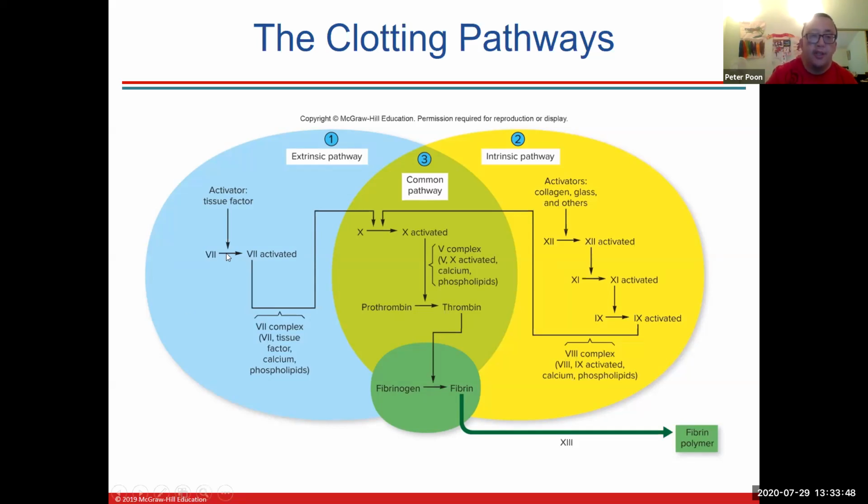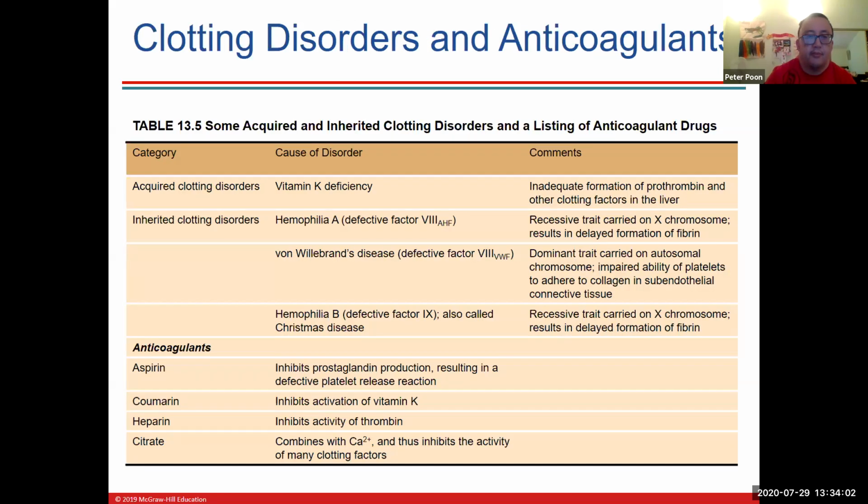Here's the extrinsic pathway in blue, and the intrinsic pathway in yellow.